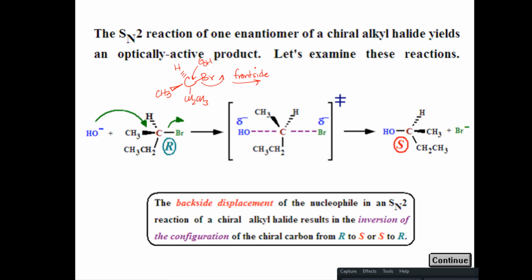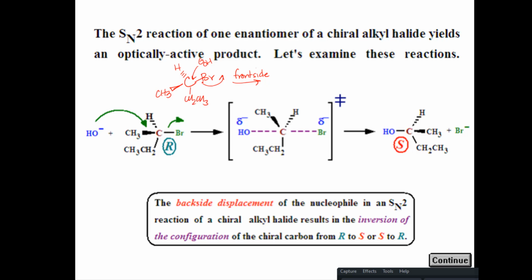Or maybe it's a mixture of front side and backside attack. How do we know that it is indeed backside attack? And I'm talking about this after the fact. If I was studying this mechanism, I would sit down and go, I wonder if it's front side or back side, and then I would think about a way to test that.